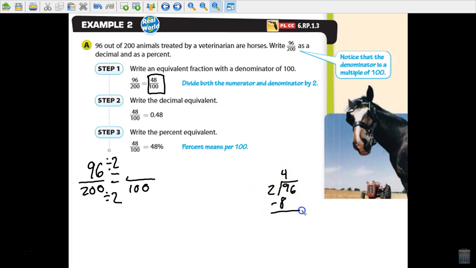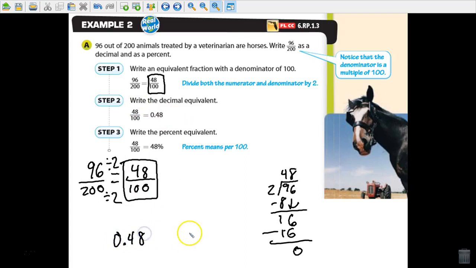I get 8. 1, the 6 comes down. 2 goes into 16, 8 times, 16, 0. So my answer would be 48 over 100. So 96 over 200 is equivalent to 48 over 100, which we would know is 0.48 as a decimal.